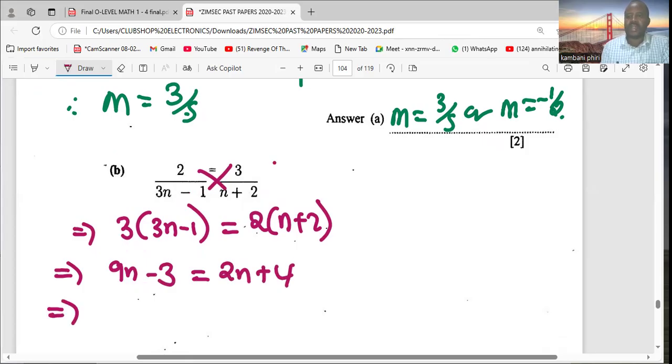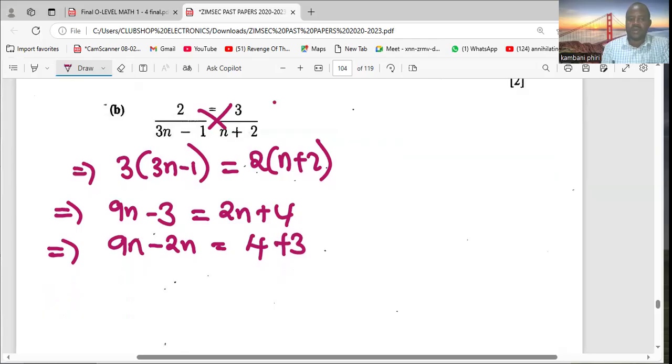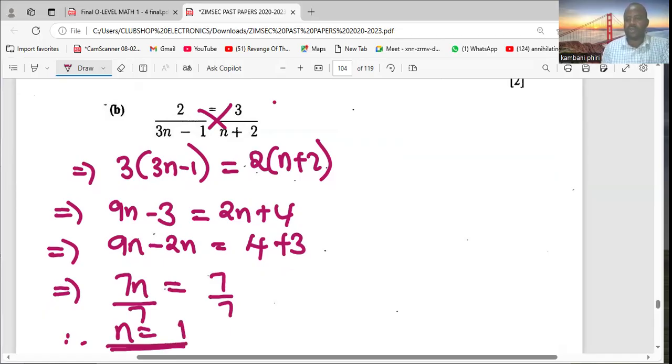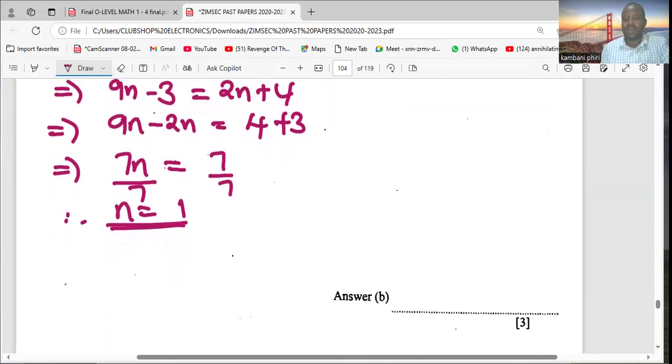Putting the terms together, 9n minus 2n is equal to 4 plus 3. So this will give us 7n being equal to 7. We divide both sides by 7. Therefore, our n is 1. This is our solution. Our n is equal to 1. You get your 3 marks.